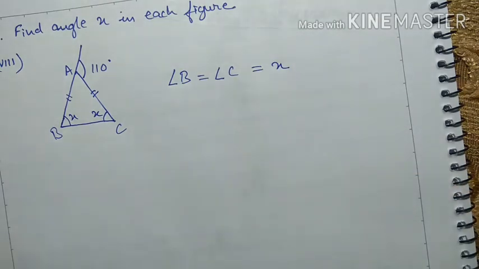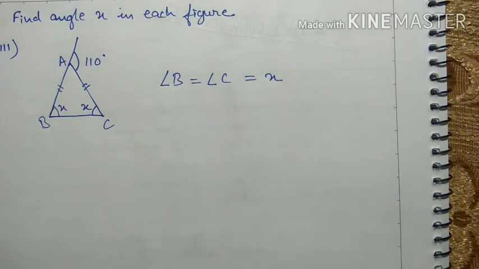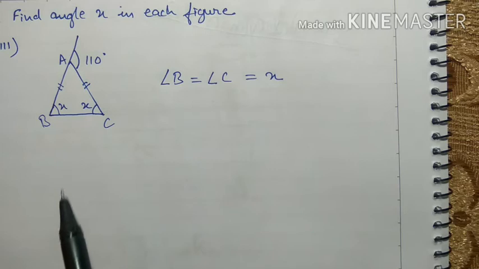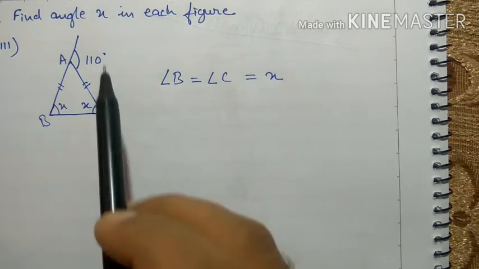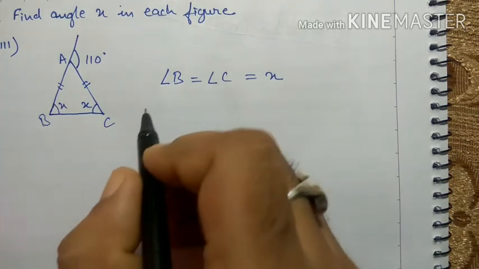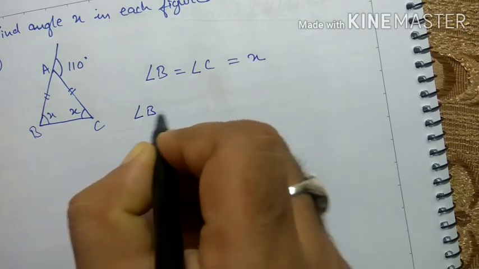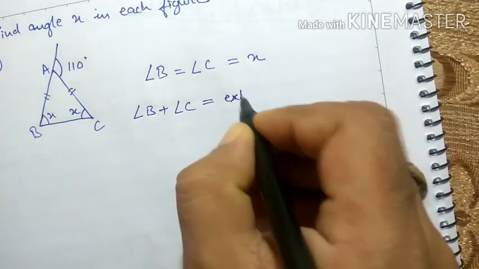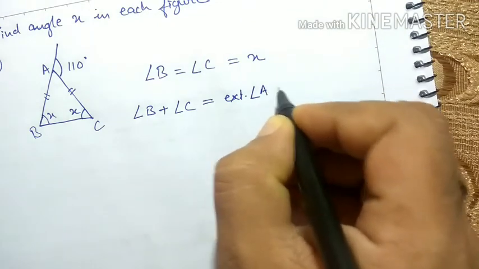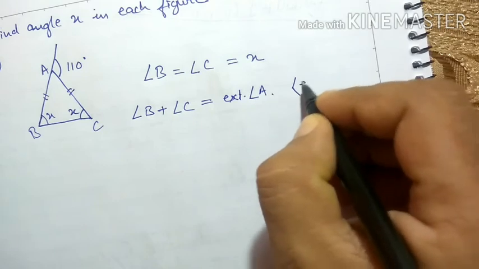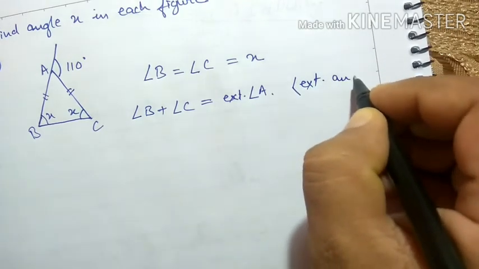Now we apply the property of the exterior angle. The exterior angle of a triangle is equal to the sum of its two opposite interior angles. That means the exterior angle A is equal to angle B plus angle C. Reason: exterior angle property.